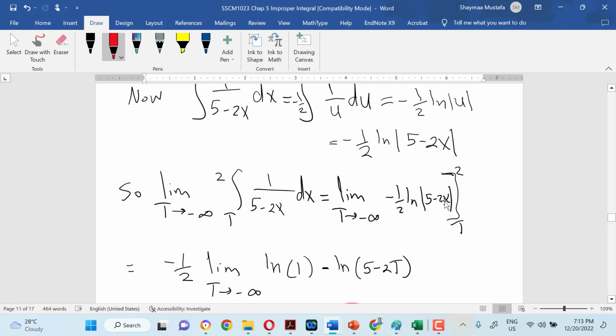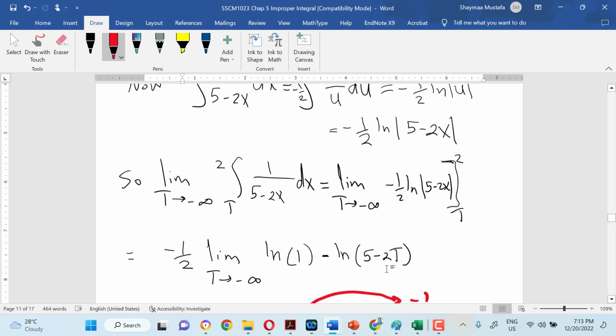When I substitute 2, 5 minus 2 multiplied by 2, which is 4, 5 minus 4 is 1, so logarithm 1. Minus 1 over 2 is a constant outside. So I substitute 2, which is logarithm 1, minus the substitution of t, which is logarithm of 5 minus 2t.